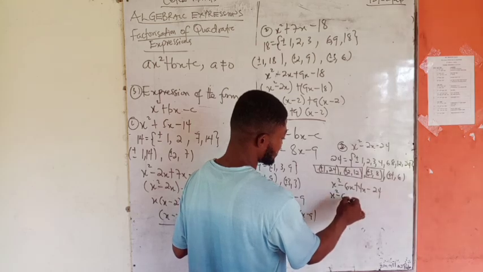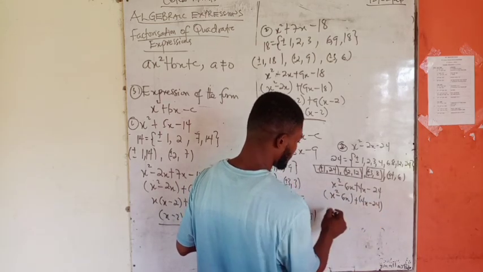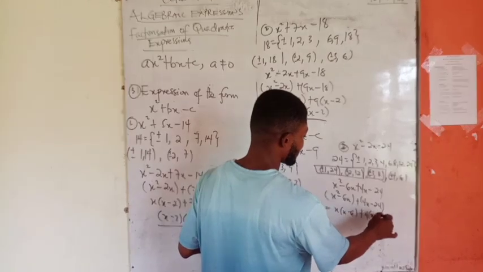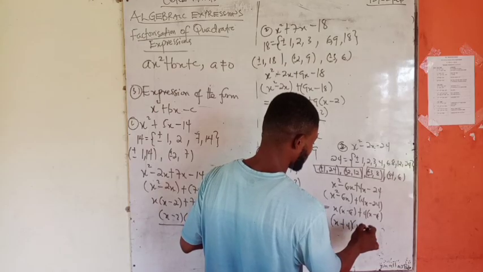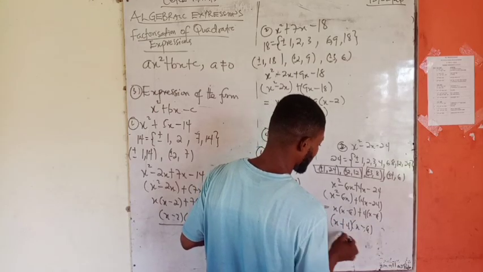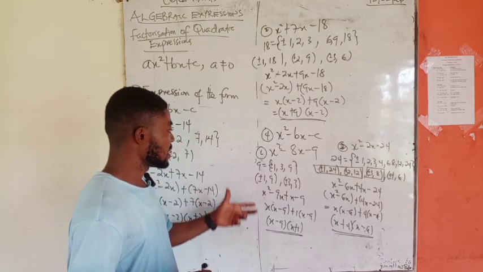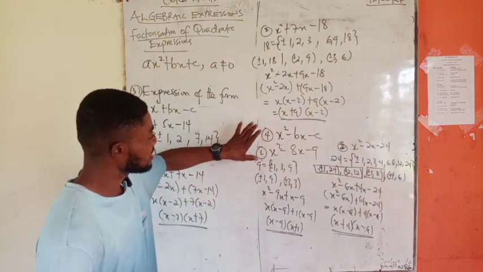x squared minus 6x plus 4x minus 24. x is common, x minus 6. 4 is common, x minus 6. x plus 4 against x minus 6. I have this. So this is what I have for the third expression type and then the fourth expression type.